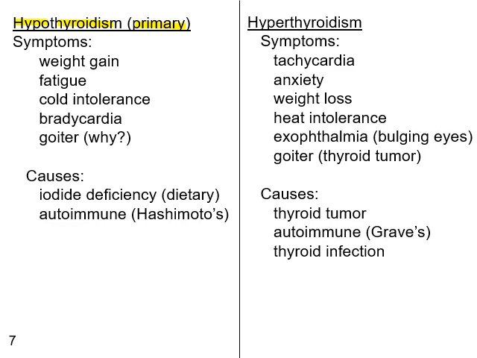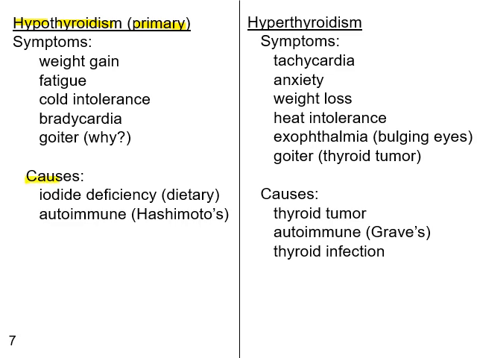Well, primary hypothyroidism means that the thyroid gland is the source of the problem. We don't have a problem in the hypothalamus. We don't have a problem in the anterior pituitary. We have a problem in the thyroid gland. That's what makes it primary. Secondary hypothyroidism might be a problem with the production of TRH or the production of TSH. That would be secondary.